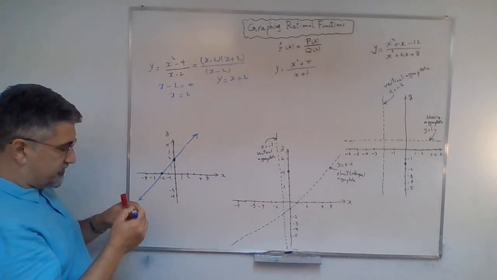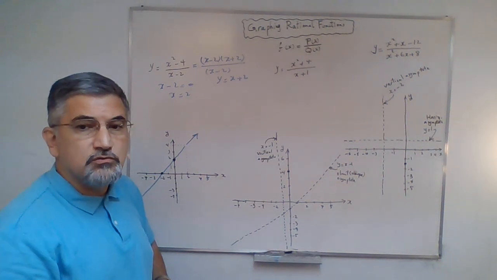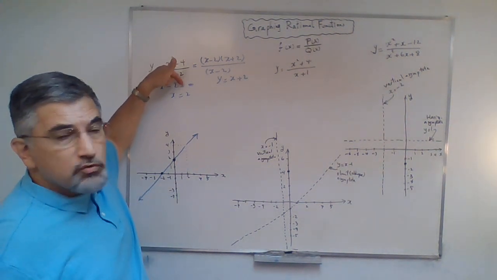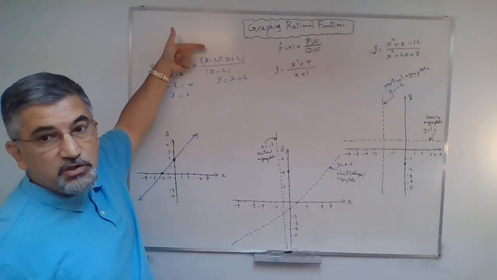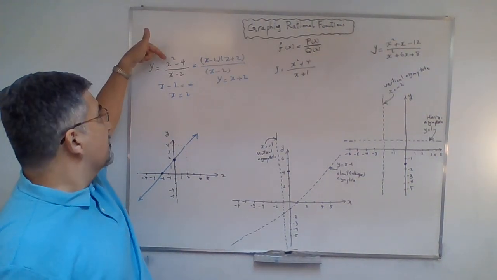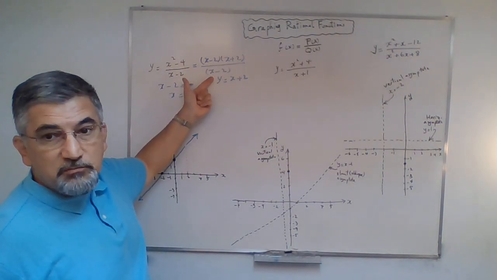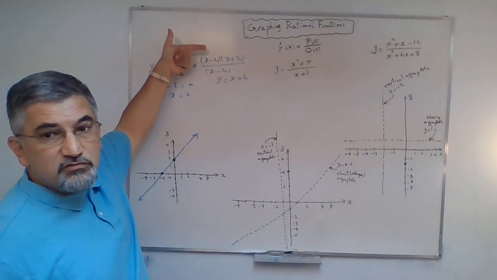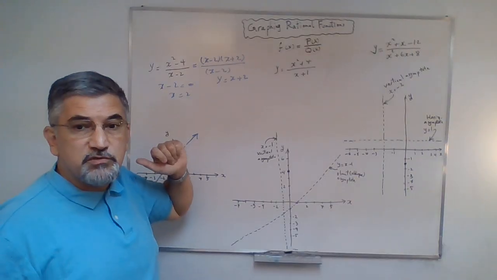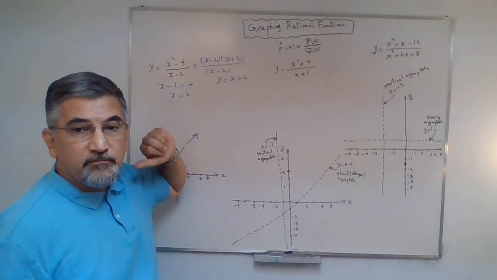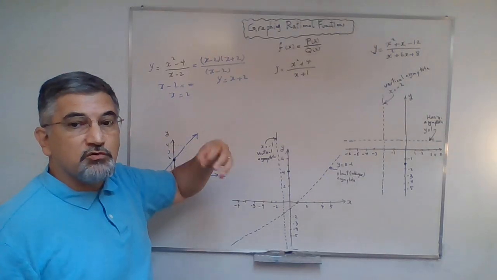Now, at x equals 2, we just want to know what is happening. Well, at x equals 2, the numerator becomes 0 because x minus 2 is a factor of the numerator, x squared minus 4, and we have x minus 2 in the bottom, so if x is 2, we have 0 over 0, which is called indeterminate form in mathematics. So we cannot have any value for the function if x equals 2.